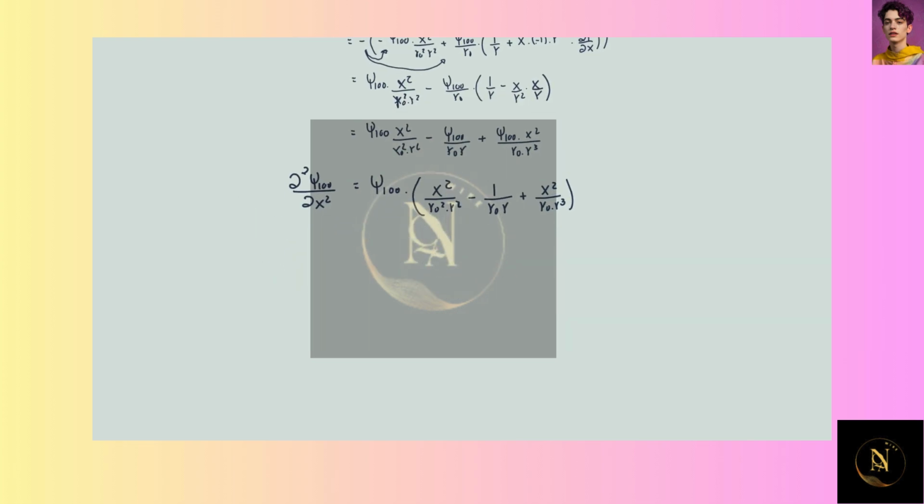The calculation for the other directions is just analogous, so we get d squared psi 1,0,0 over dy squared equals psi 1,0,0 times y squared over r0 squared r squared minus 1 over r0 r plus y squared over r0 times r to the third.